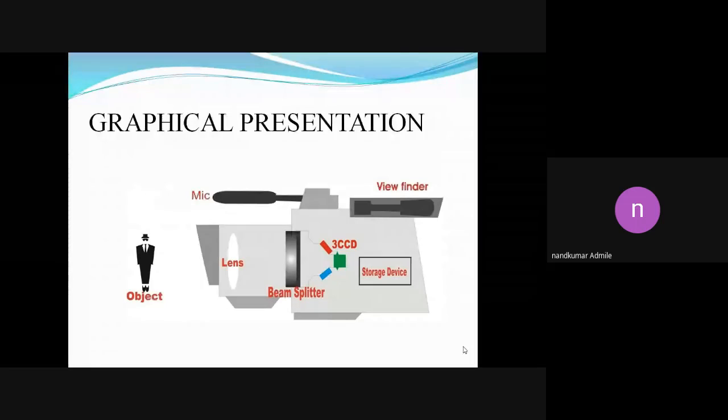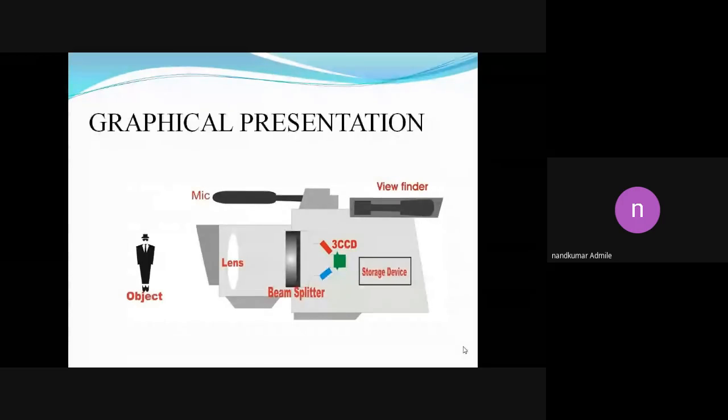Now we'll understand the exact representation of a video camera. Here we can take one image, and with the help of this image we can clarify the internal parts of a video camera, how it captures the video and how it stores it inside the storage device. Everyone focus on the slide.